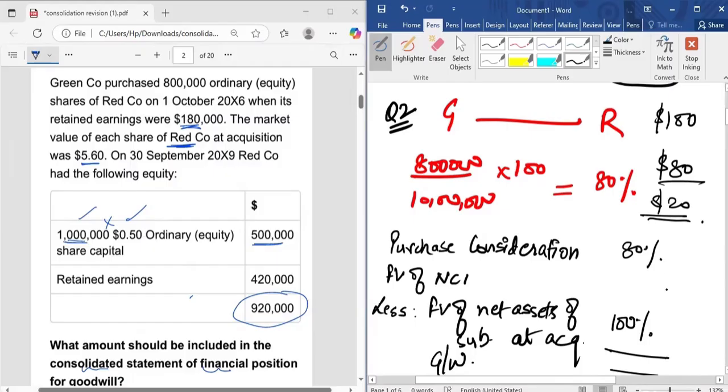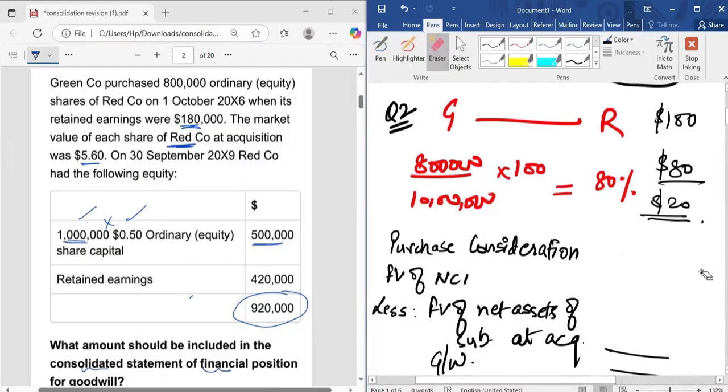Can we compare something which is at 80 to something which is at 100? No, we have to make a like by like comparison. So to this 80%, I will add 20% of NCI. Then the total would be 100%, and from this I'll subtract the fair value of net assets, which is also at 100%. If you didn't understand how this formula is made, it's okay. You can just learn the formula.